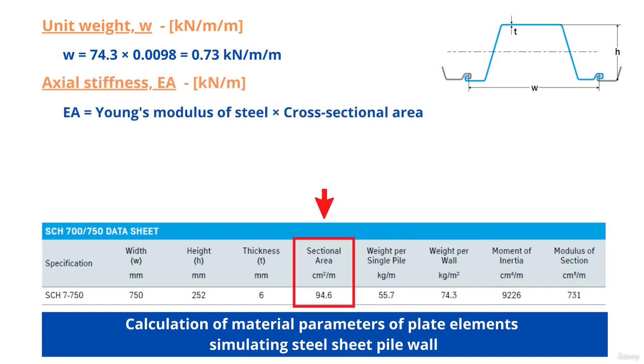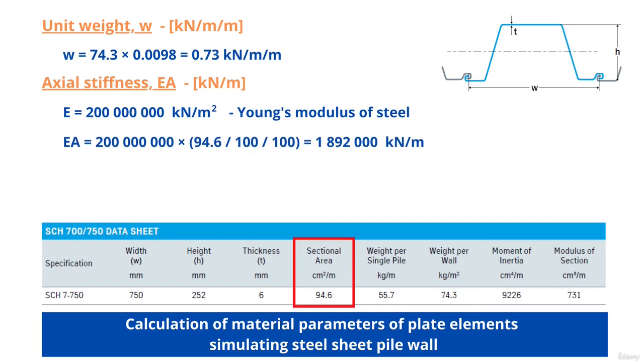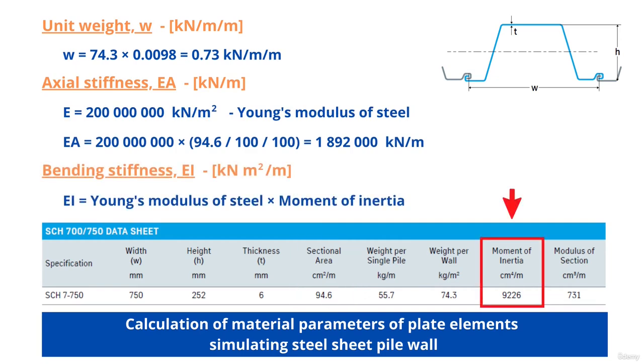Axial stiffness of the wall is calculated by multiplying the Young's modulus of steel and the cross-sectional area of a running meter of the wall. Bending stiffness is calculated by multiplying the Young's modulus of steel and the moment of inertia of a running meter of the wall.